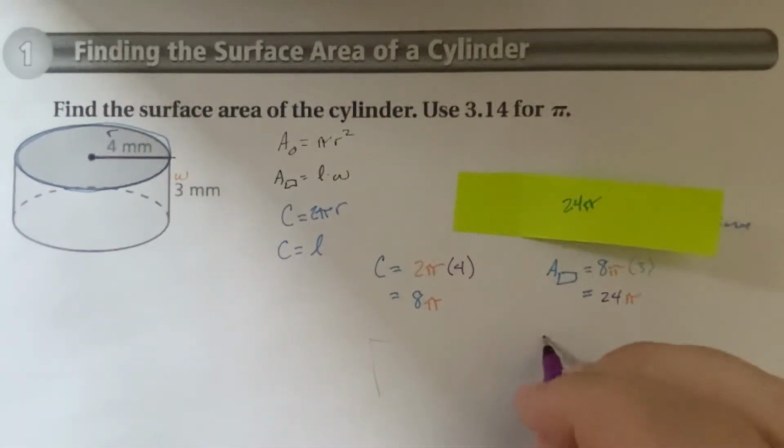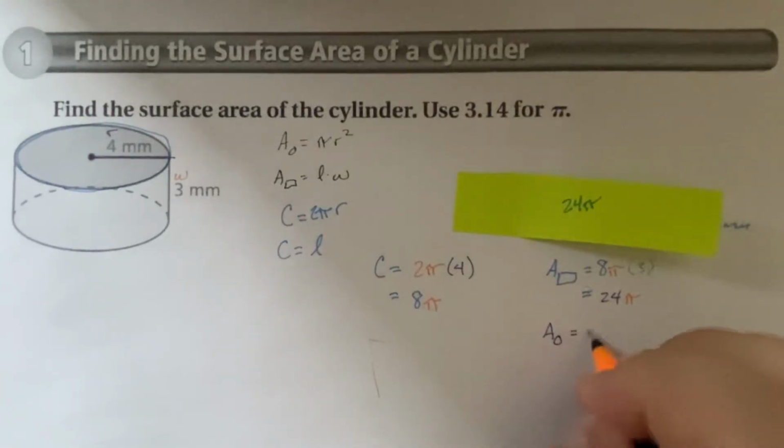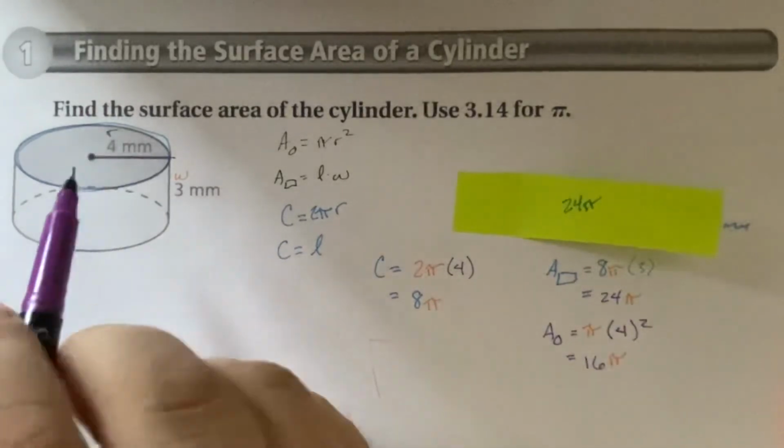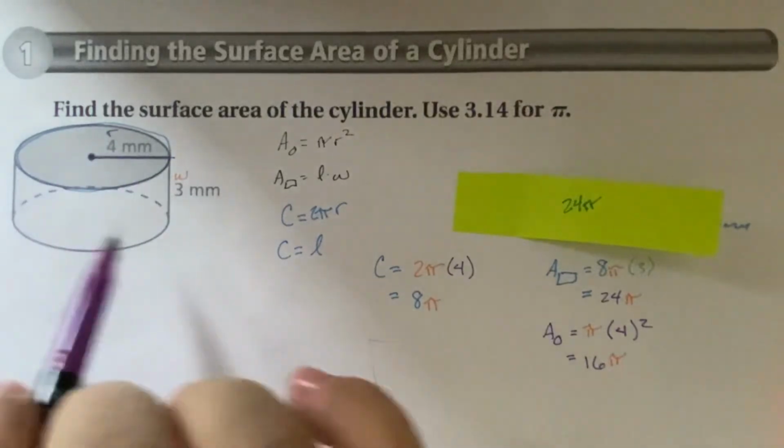Well, again, the area of a circle is equal to the same pi r, which was 4, squared. Well, 4 times 4 is 16 pi. So the area of my circle is 16 pi.